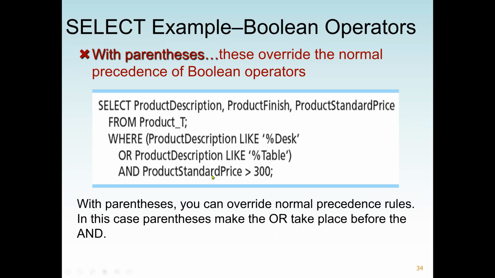But and means that after one of these, the product standard price condition will always execute, and here the product standard price is greater than 300. So with the parentheses, you can override normal precedence rules. In this case, parentheses make the or take place before the and.